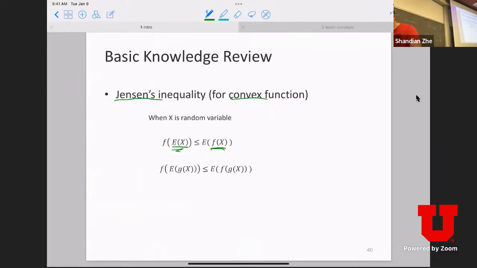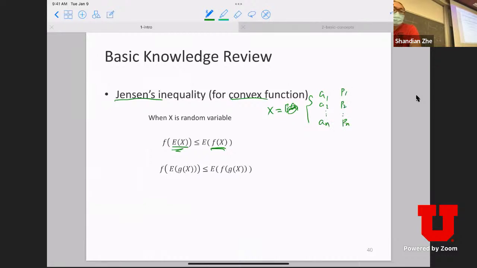Consider a concrete case, suppose your x is just a discrete variable. It might take values a1, a2 to an, and each of them has a probability p1, p2 to pn.